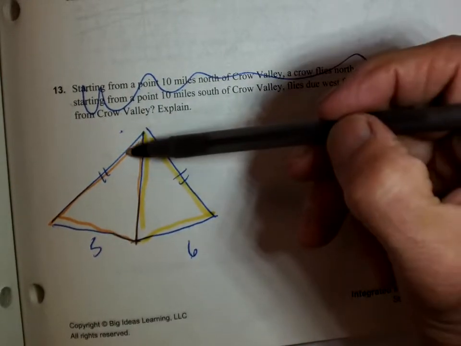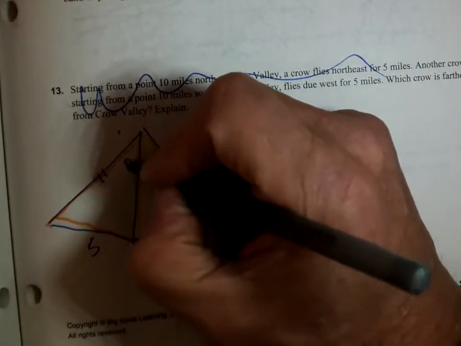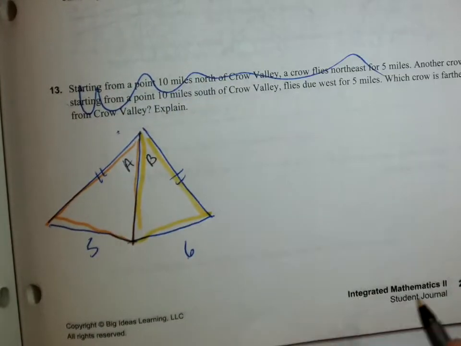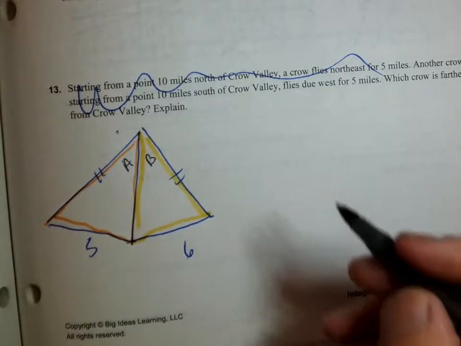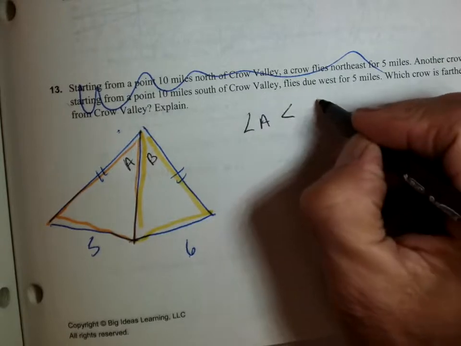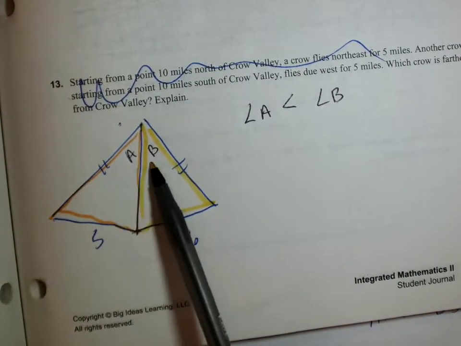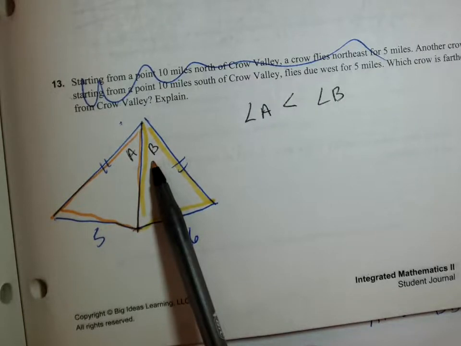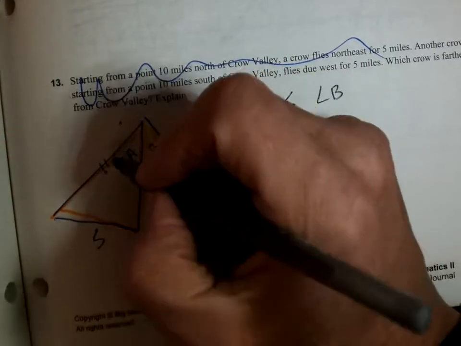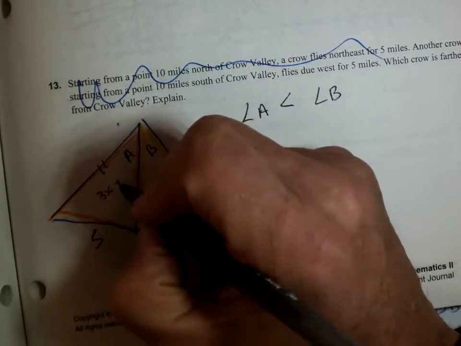So I know that the angle, let's call this angle A, okay? We'll call this angle B. I know for a fact that angle A is less than angle B, okay? 5, 6, angle A is less than angle B, okay? So let's say that angle A happens to equal 3x plus 1, okay, put that in there.